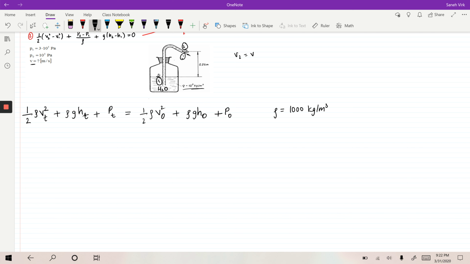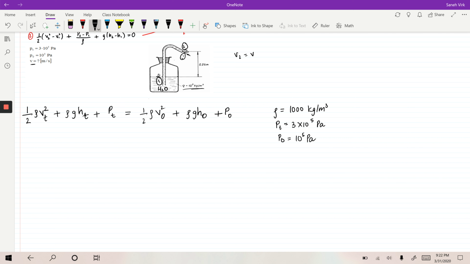We know the pressure: pt equals 3 times 10 to the 5 pascals, and p naught equals 10 to the 5 pascals.